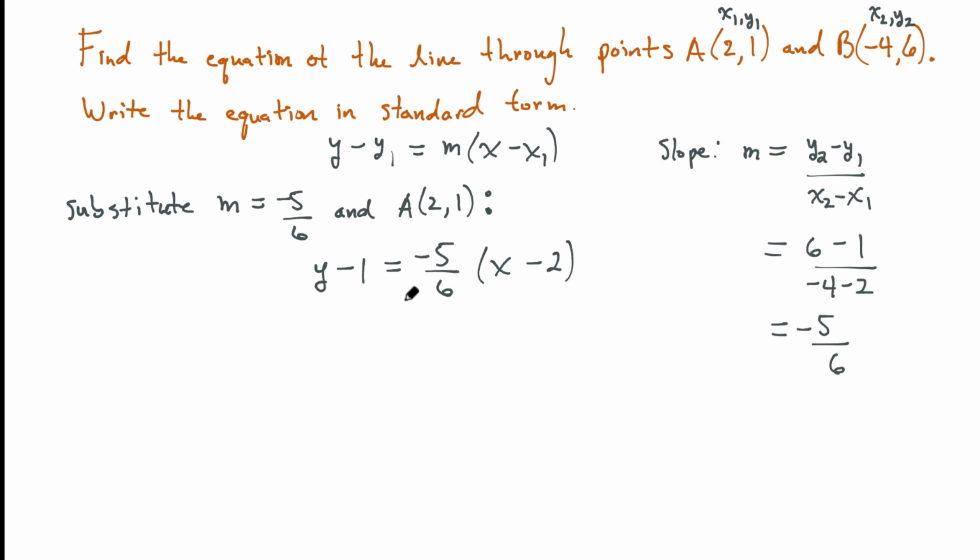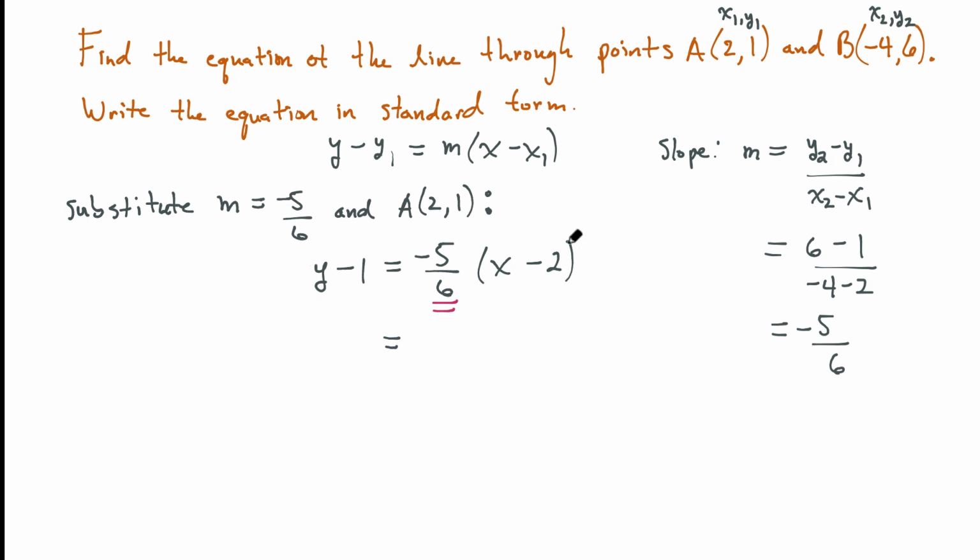And now we can simplify this equation. Remember that in standard form, we want to clear any fractions. So we can clear the fractions in this equation by multiplying both sides by the least common multiple of the denominators of the terms. Here I can multiply both sides of the equation by 6.